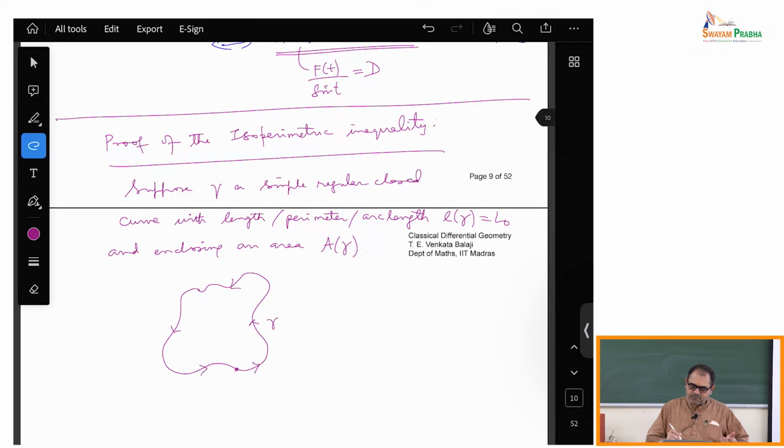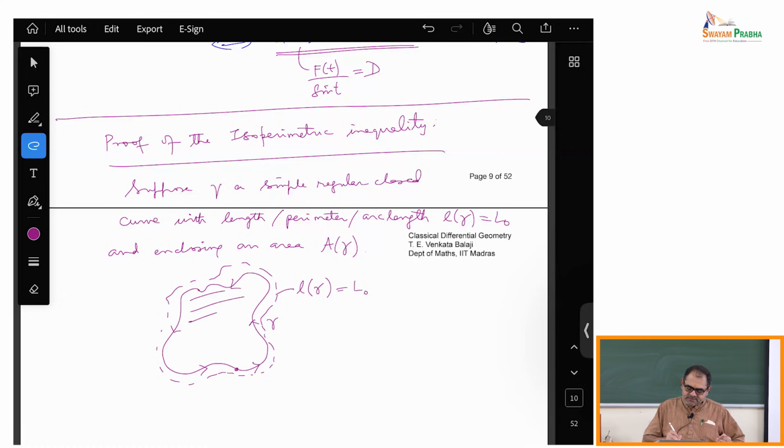This is the curve gamma, and so if I measure the arc length all the way across along this arc, that is L of gamma, okay, and this is L naught, and whatever is inside the area enclosed, this is going to be A of gamma, okay. So it's A of gamma, all right.